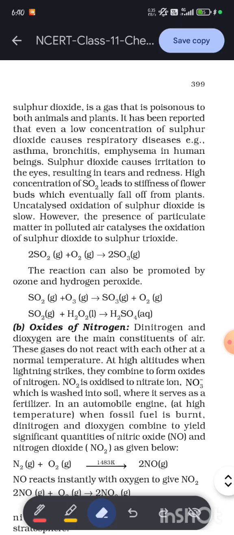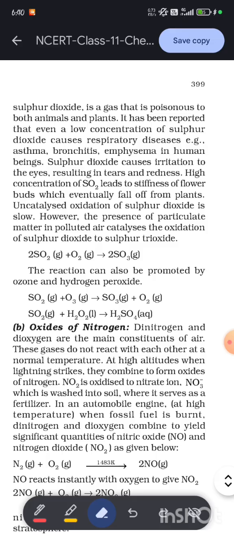Sulfur dioxide causes irritation to the eyes, resulting in tears and redness. High concentration of sulfur dioxide leads to stiffness of flower buds, which eventually fall off from plants.